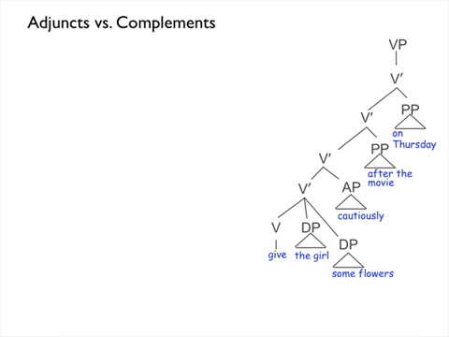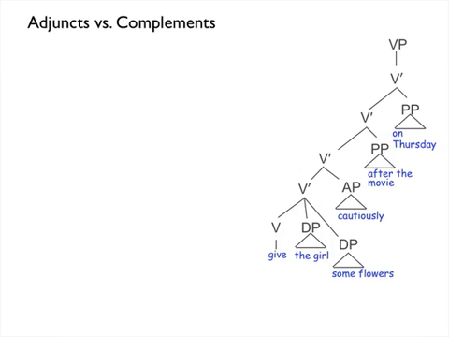So here we have an adverb phrase that we'll call an AP, cautiously. We have prepositional phrases that function adverbially, like we were just talking about, after the movie on Thursday. So things that function adverbially will give you stuff like the manner in which something is done, the time at which it took place, the place in which it happened, and all of that stuff.